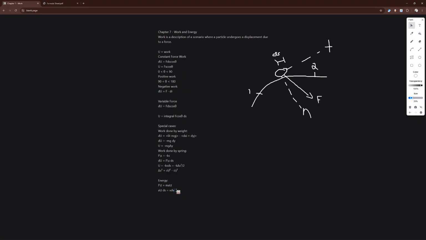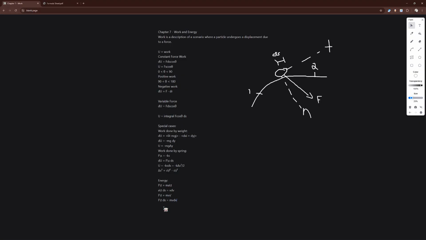So we can rewrite this equation as F_t is equal to m v dv/ds. Then we split up where our ds is, so we get F_t ds is equal to m v dv.